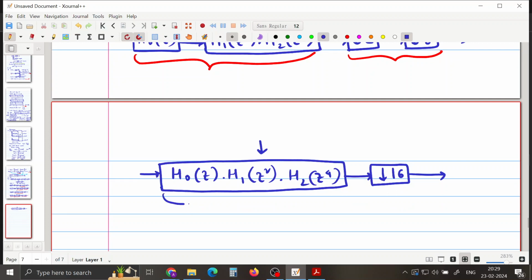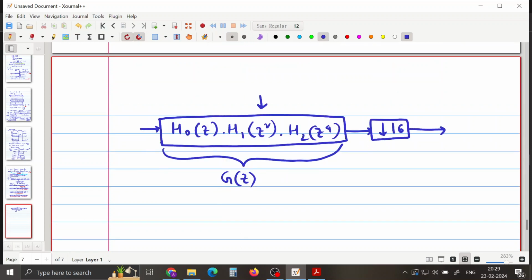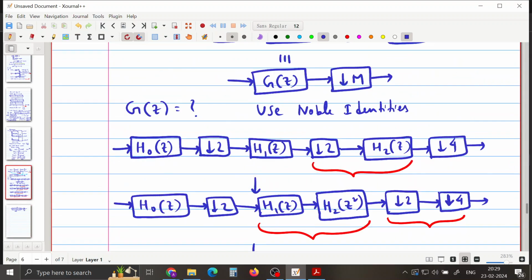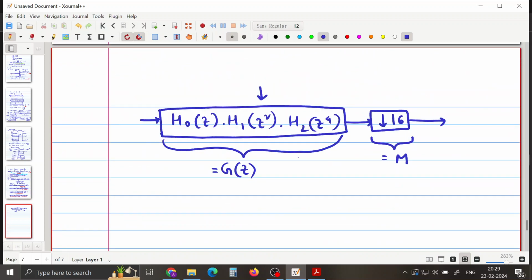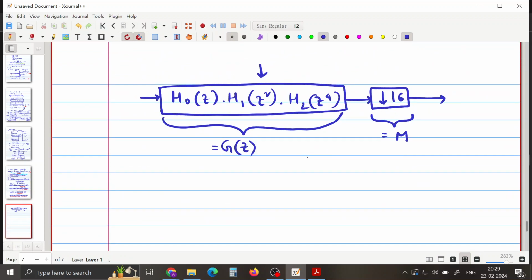Now this effective filter is the one which was given in the second figure, denoted by some g of z, and the downsampler was denoted by m. So go back to that figure, g of z followed by an m downsampler.